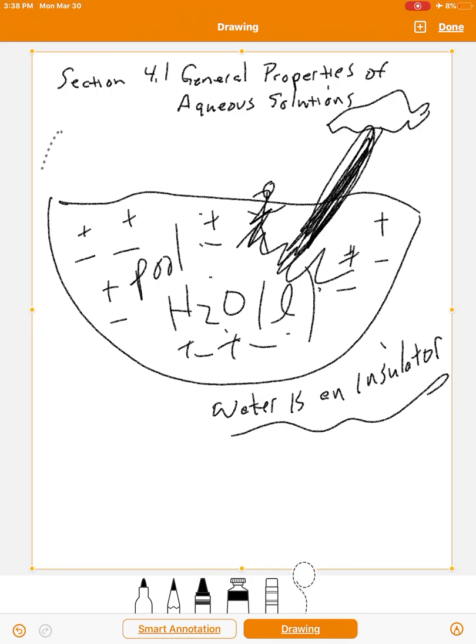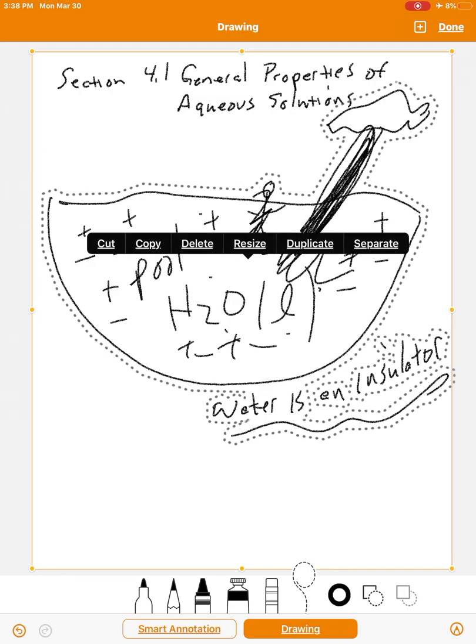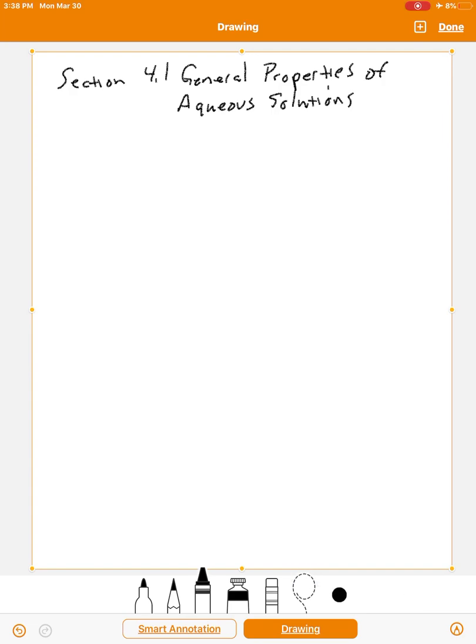So now what we want to do is take a look at some of the substances that we deal with in this course and their relationship to electrolytes. The first one are what are called the strong acids. Table 4.1 shows the strong acids.